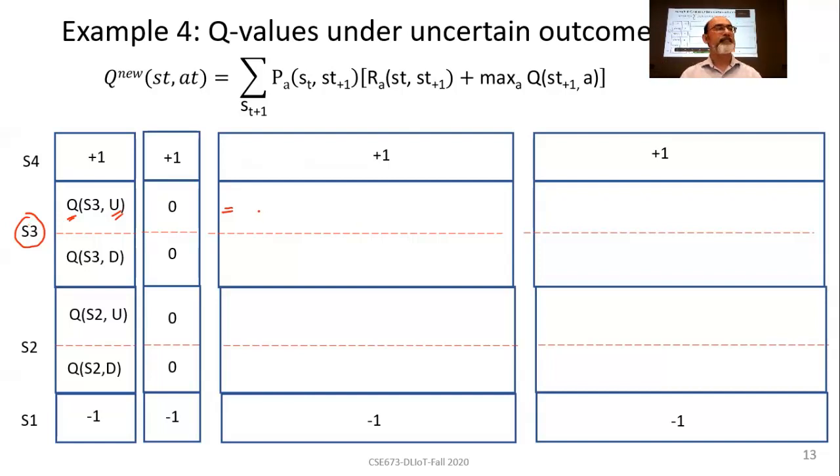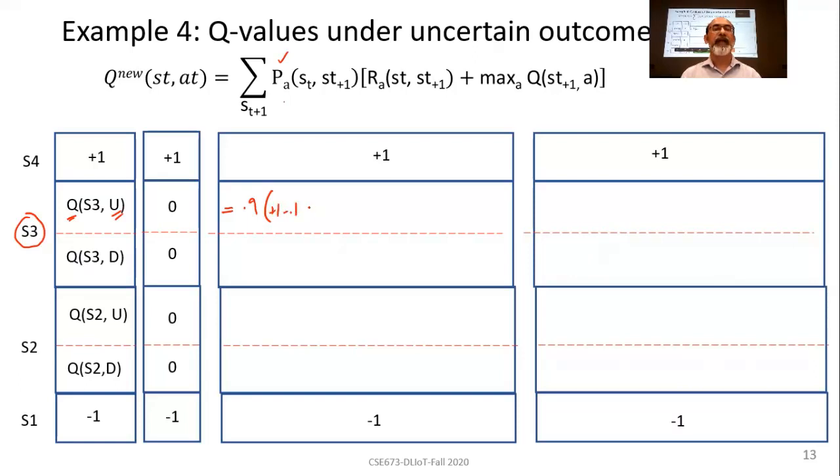So somebody help me out over here. 0.9 is the probability of going in the upward direction. And so that's the probability. What's the reward of going in that direction? It's plus 1 minus a movement cost.